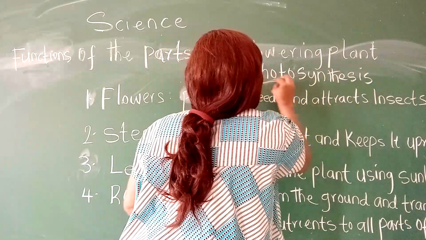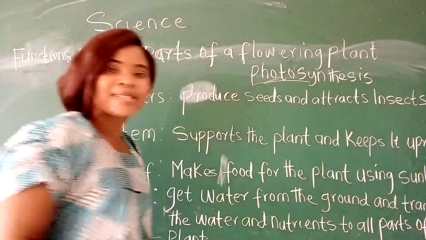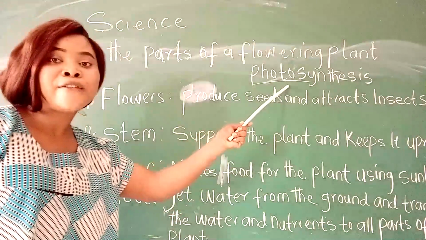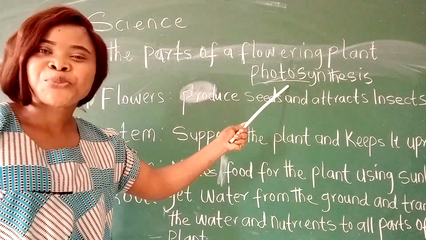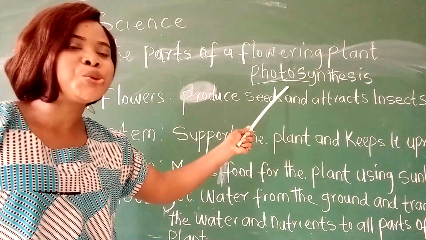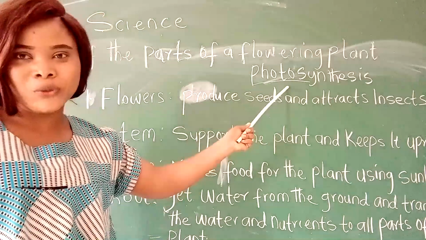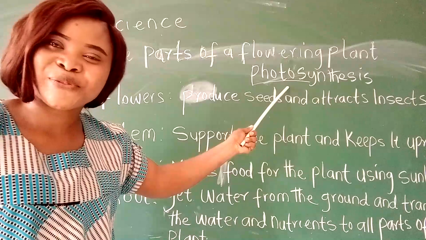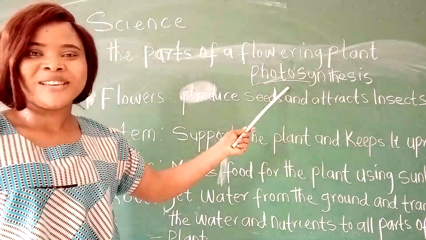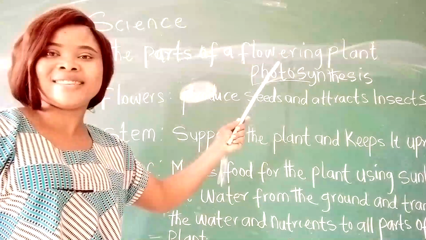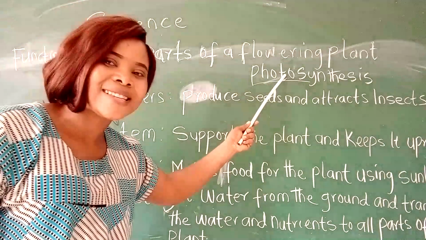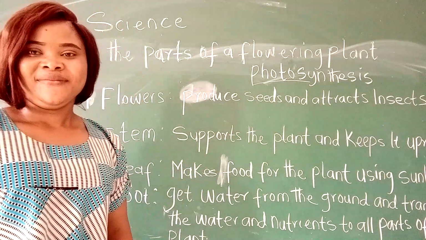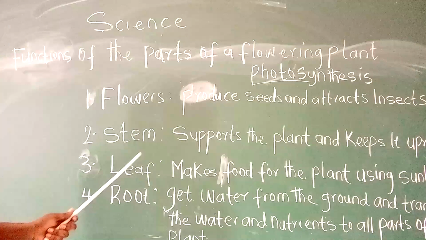This is the special name that scientists have for the process that plants use to make their own food using the energy from the sunlight. So that is the special name.